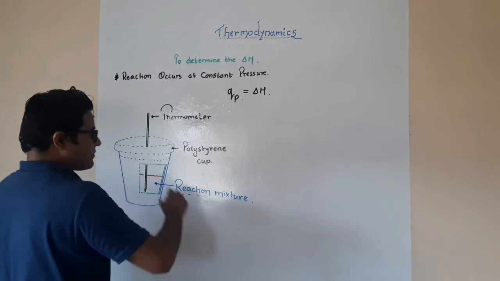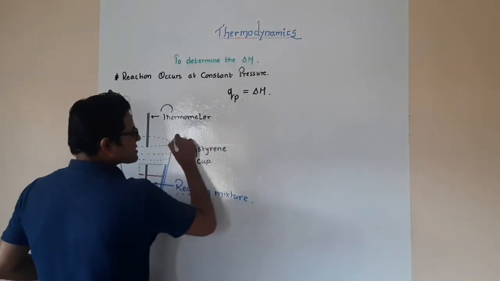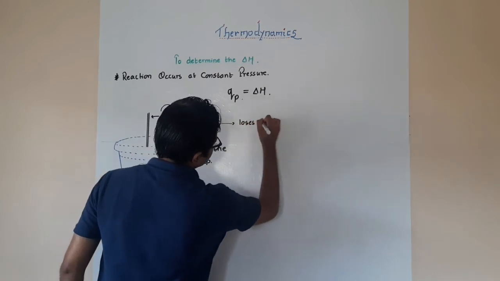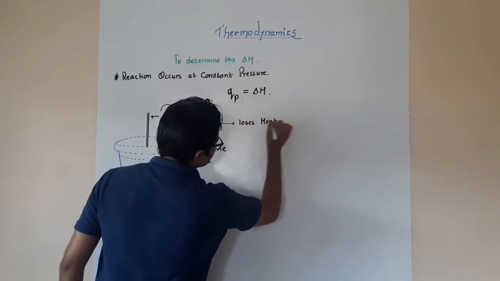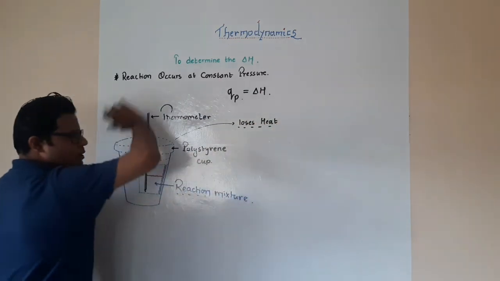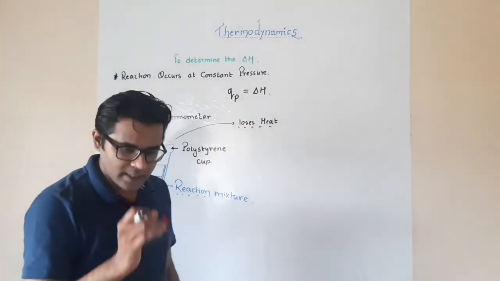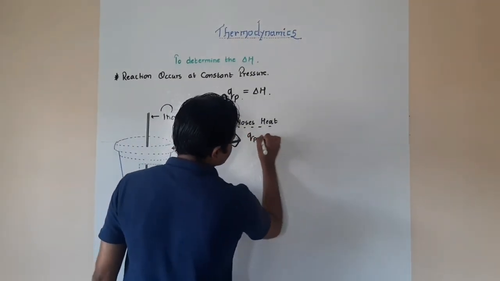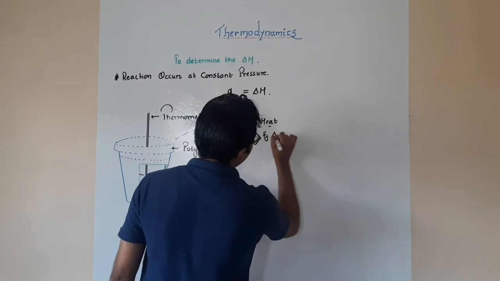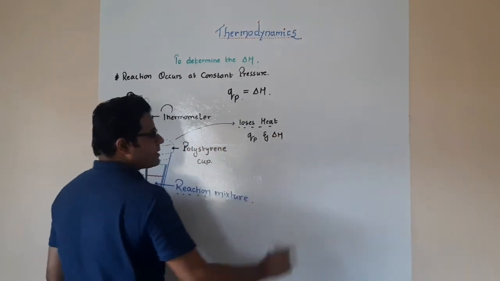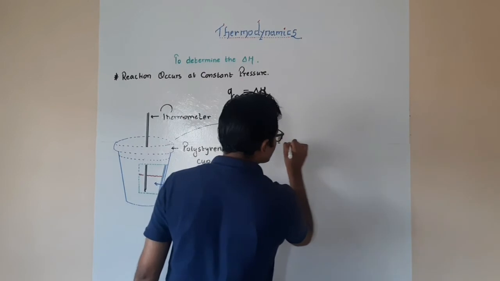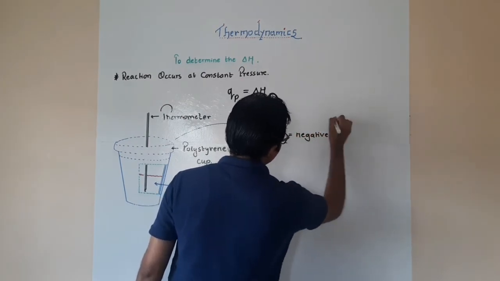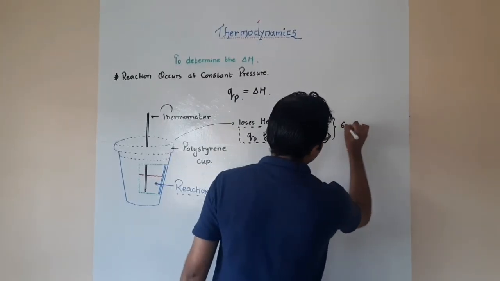If the system loses heat, that is, the heat is coming out of the system going to the surroundings, then in this particular condition, Qp and delta H for this reaction are both going to be negative.